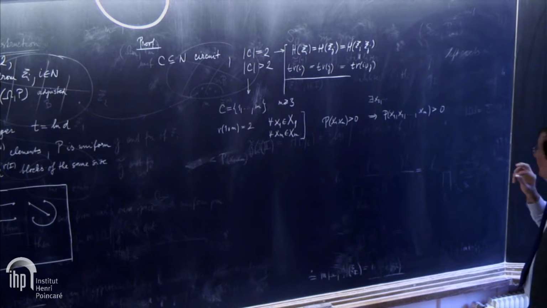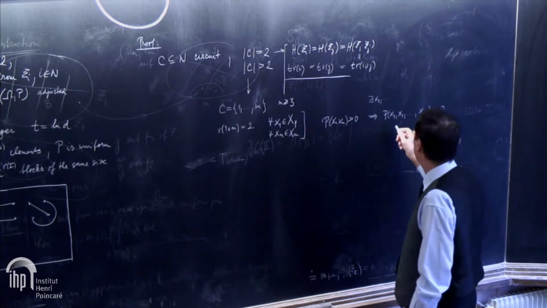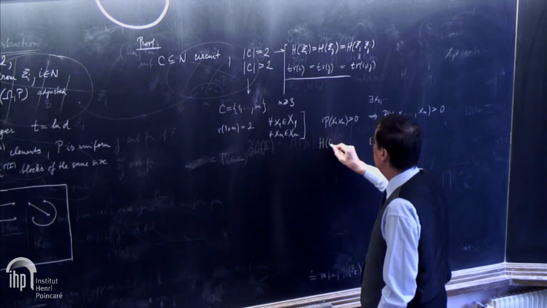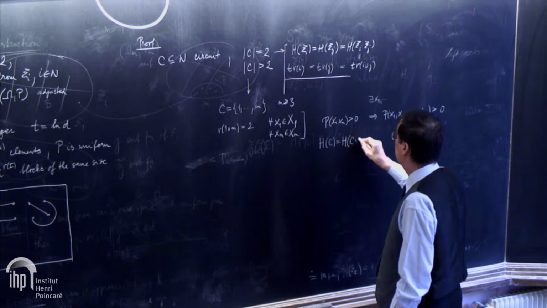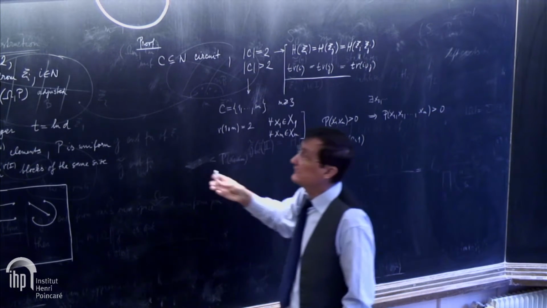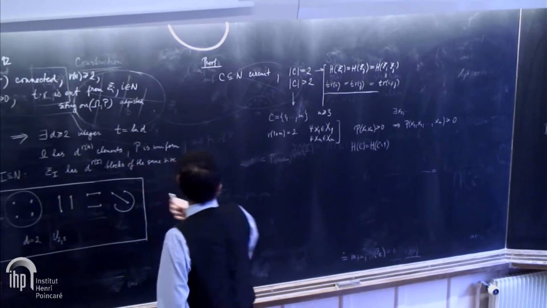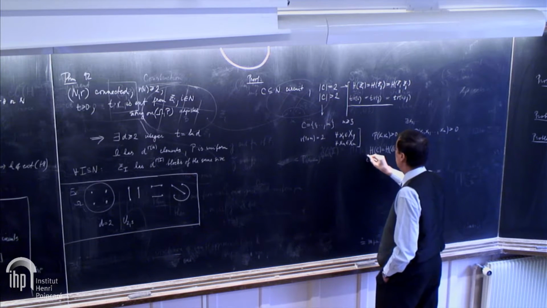And what's going on now? Now we know that this is a circuit, so the entropy of C is the same as the entropy of C minus 1, because the entropy is T times R(C).